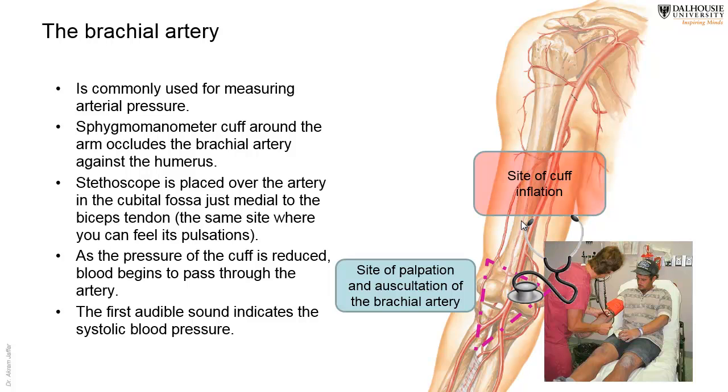Until a point is reached where the artery is completely open, like the hose with no pressure on it, so there's no sound of fluid or blood passing through that tube. And this is called the diastolic blood pressure. You can detect that by the stethoscope located here in the cubital fossa.